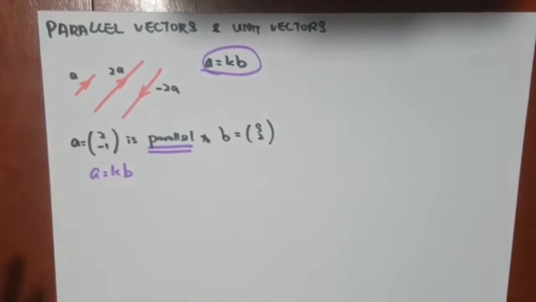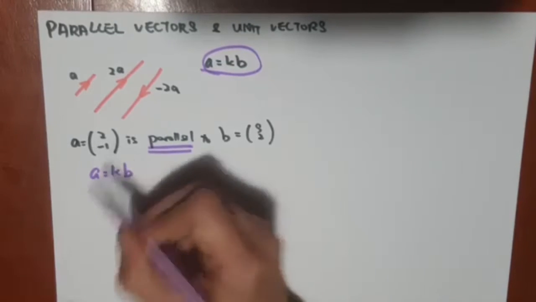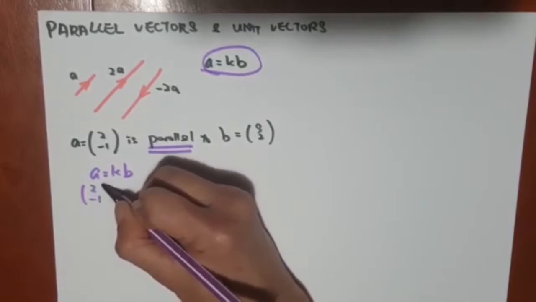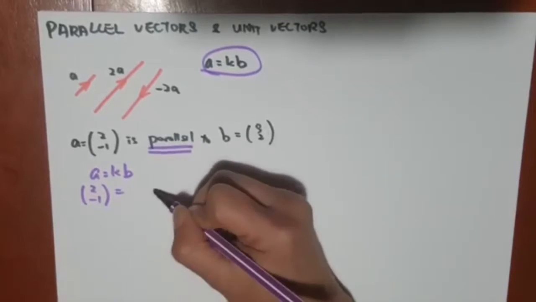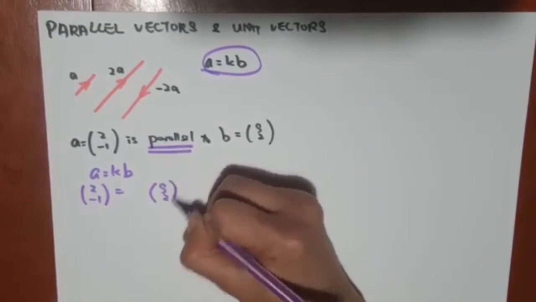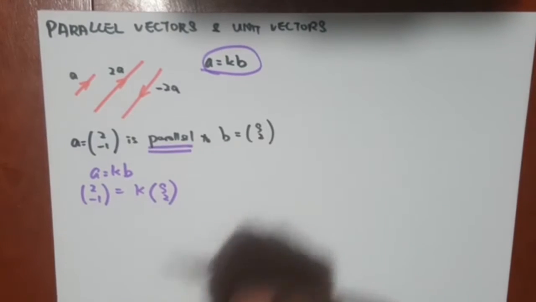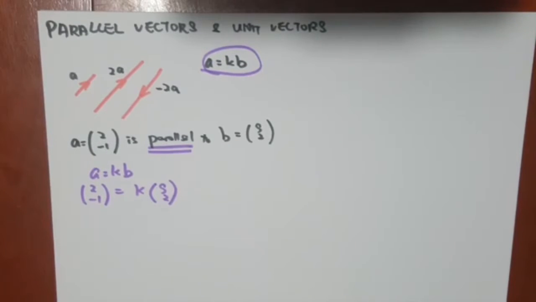In this situation, my A is (2, negative 1), and my B is (S, 2). My K is a constant number, but at this moment I do not know what the number is.